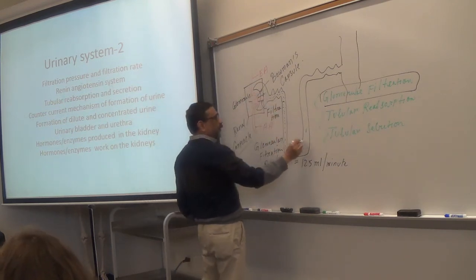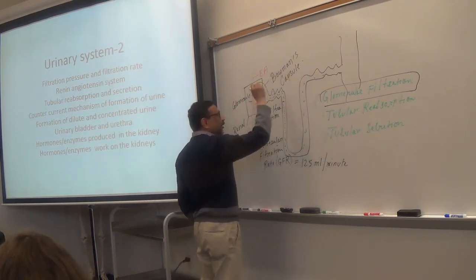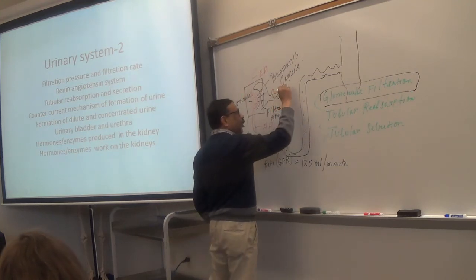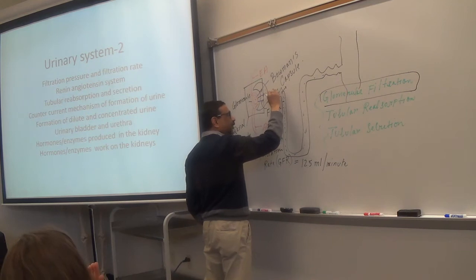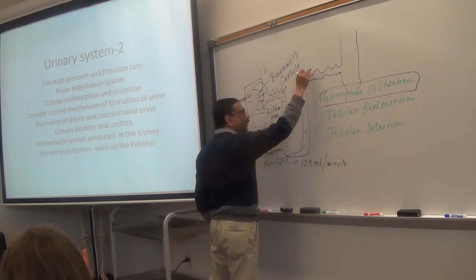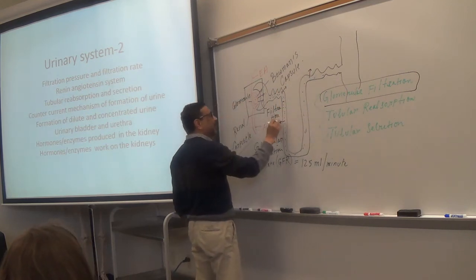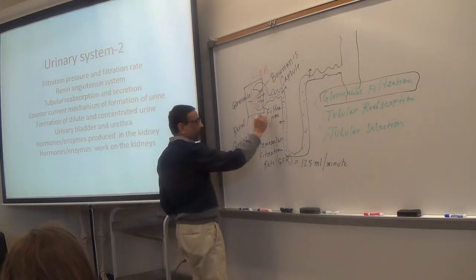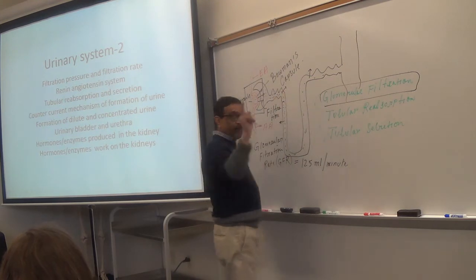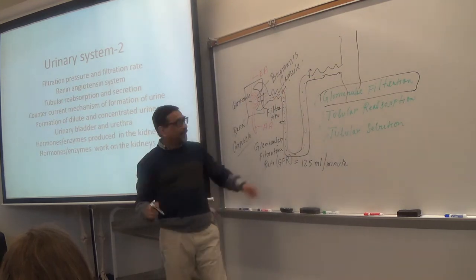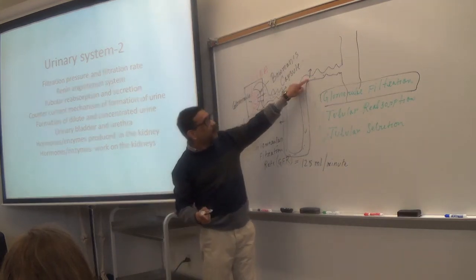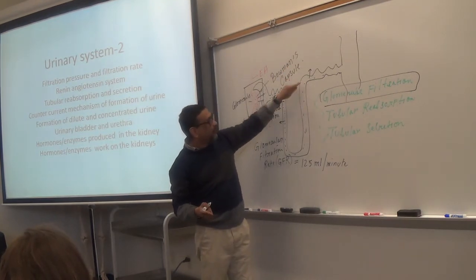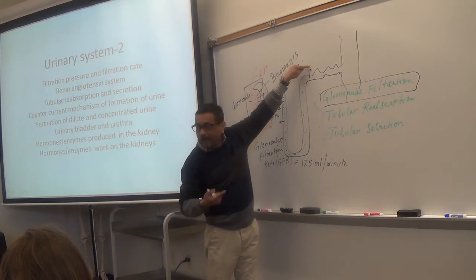And when the fluid is passing through the nephron, at different locations, what happens? Some water and other chemicals are taken back into the body. That means taken out from the nephron. And remember, this is important to know that when I say going out from the nephron, the tube, that means it is going back into your body.